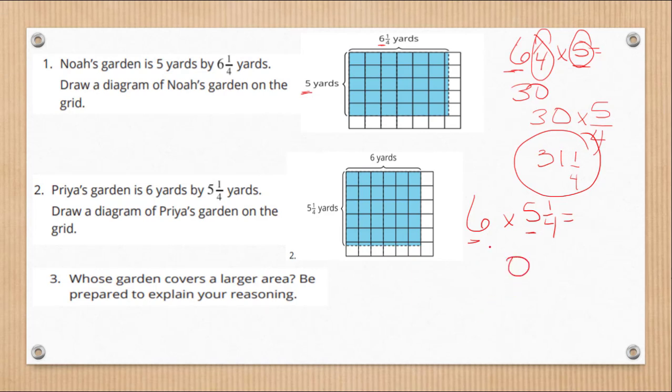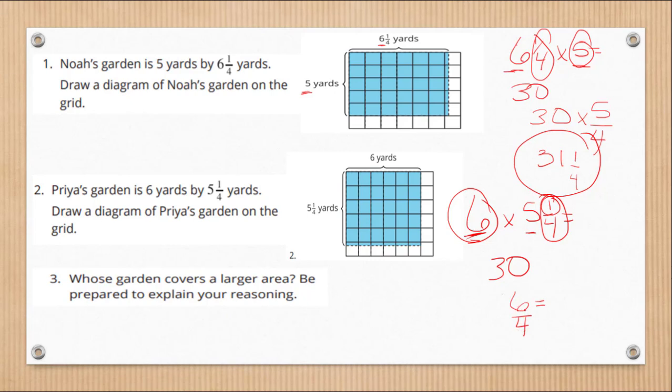And then I can take the 6 times 1/4. That's going to give me whole times your numerator is 6. And so 6 times 1/4 would be 6/4. So I know that 1 whole is 4/4.